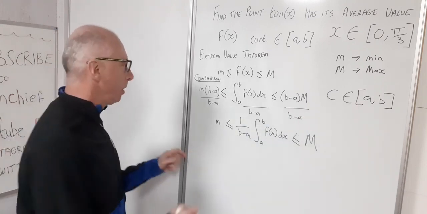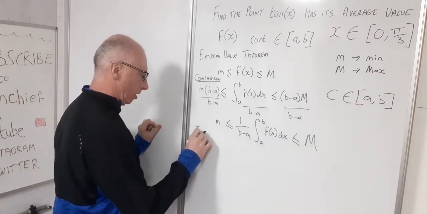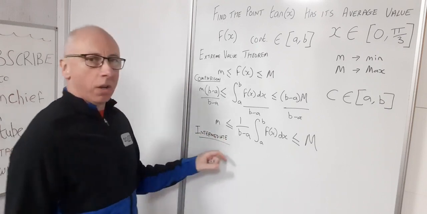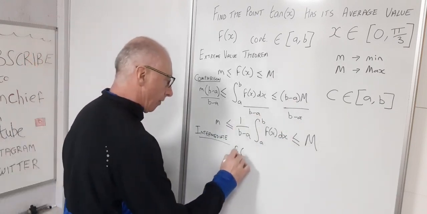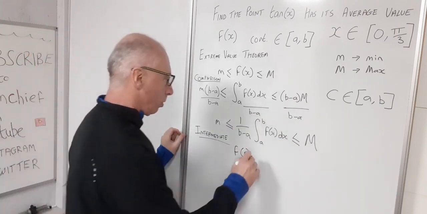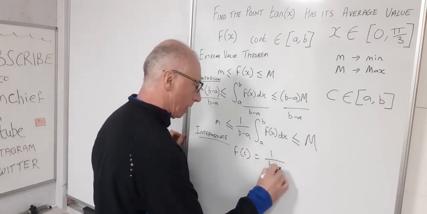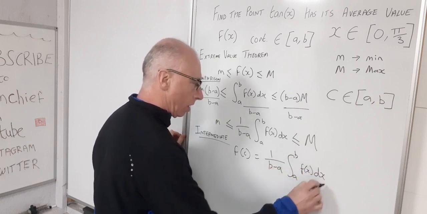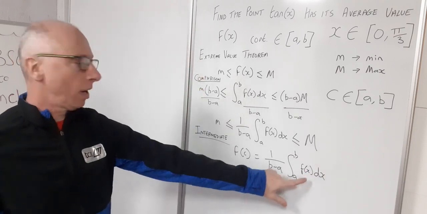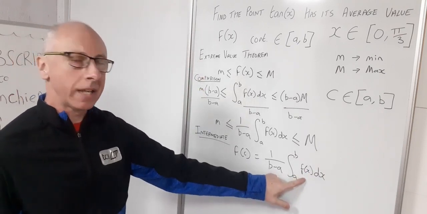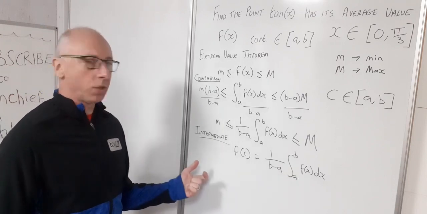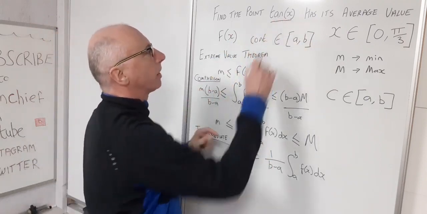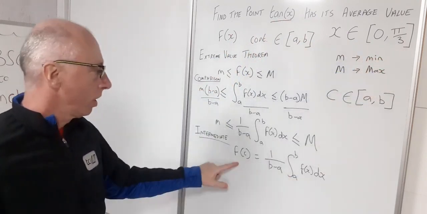What we have now by the intermediate value theorem is that there is a point C, f of c, such that it equals 1 over b minus a times the integral from a to b of the function f of x dx. So f of c will always be a point in there. Okay, so we're going to use this to find our average value of our tangent x, from 0 to pi over 3, using this formula.